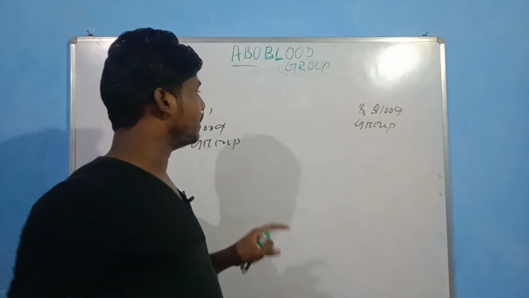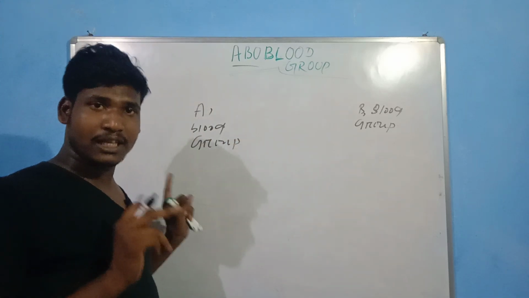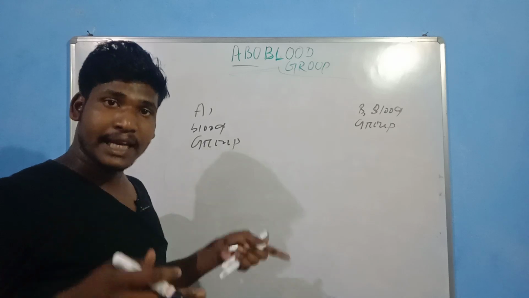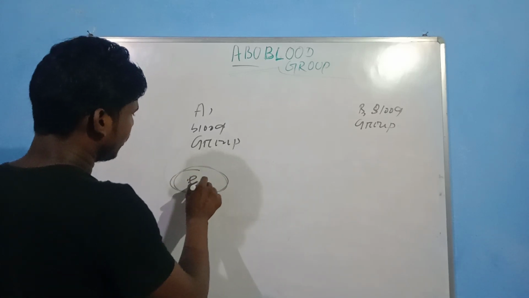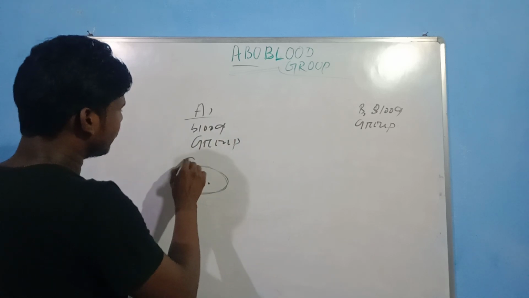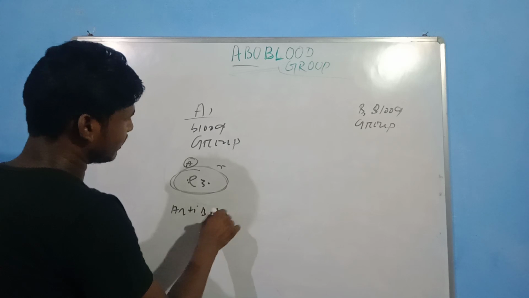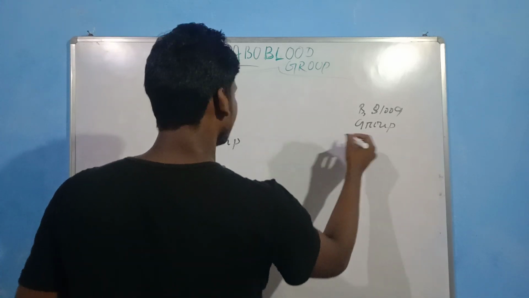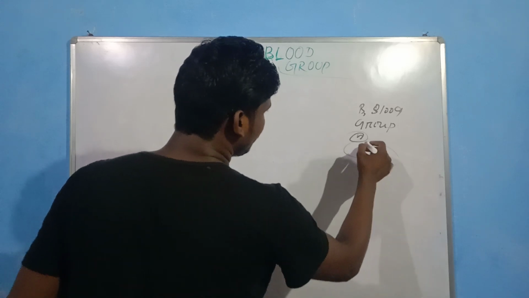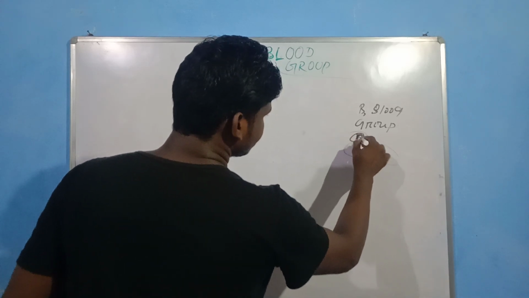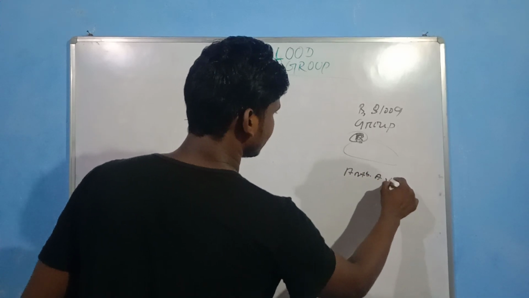It is impossible because the A blood group contains the A antigen on the plasma membrane of RBC and anti-B antibody in the plasma. This is the RBC of the A blood cell. Similarly, the B blood group contains B antigens on the plasma membrane of RBC and anti-A antibody.